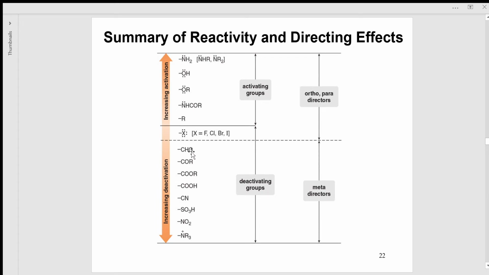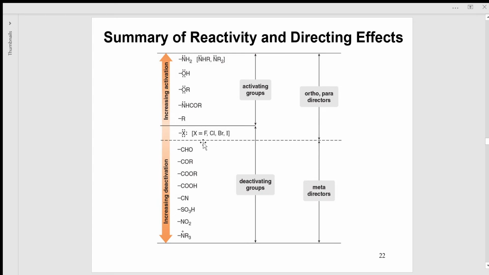Then aldehyde, ketones, esters, acid, nitrile, sulfonic acid, nitro group, and the quaternary ammonium cation here. This nitrogen bears a full positive charge. Of course, it's going to strongly pull the electrons away from the benzene ring because it has positive charge.